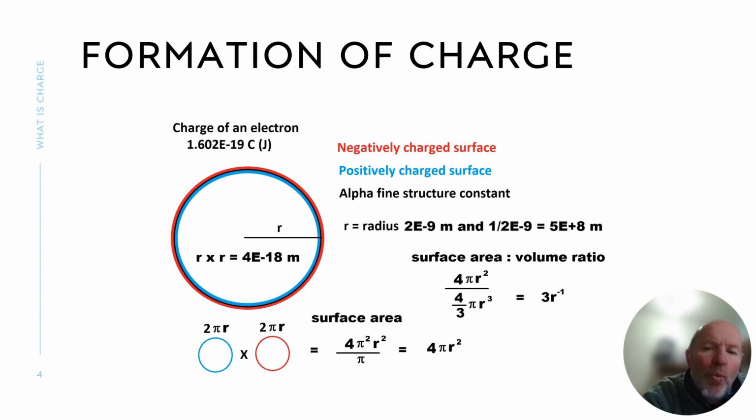So there's a 3-in-1 ratio that's established in this functional model, associated with r being at 2e to the negative 9 and its inverse 5e to the plus 8.